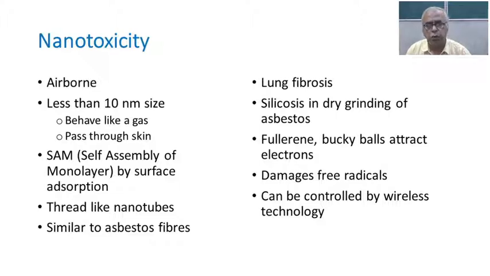As I already mentioned, it is airborne because it can be diffused like a gas, is it not? So the nanoparticles with a size of around 10 nanometers or less can behave like a gas. And as I already mentioned, it can penetrate through the skin also.